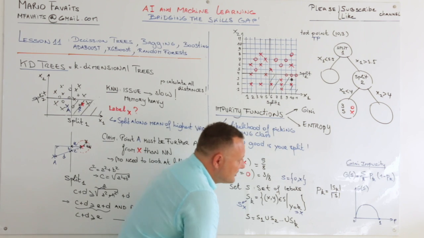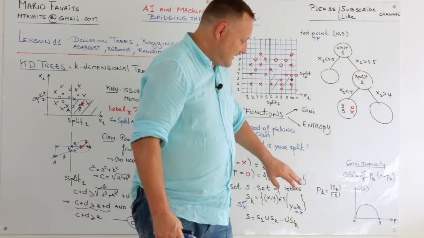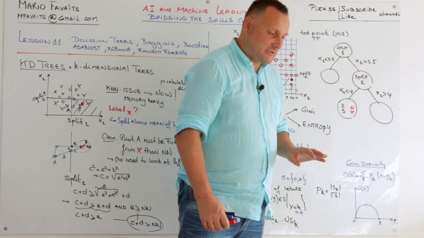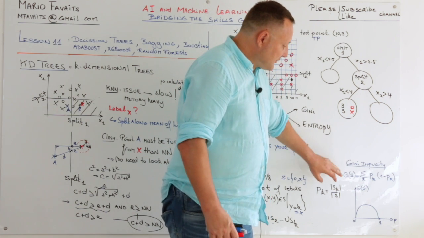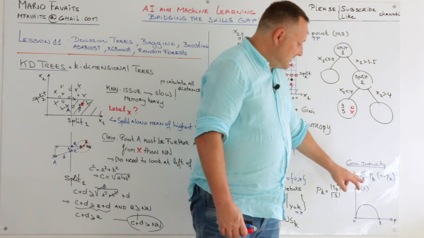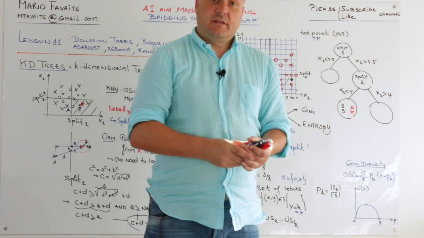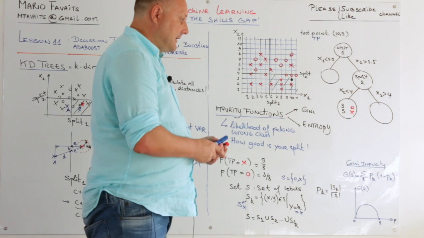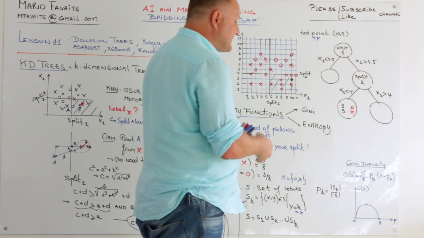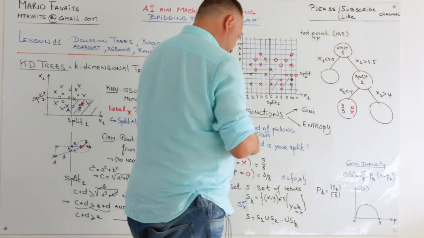So the Gini impurity has nothing to do with the Gini coefficient. The Gini impurity is defined as the sum over all classes of the chance you pick class k times the chance that you pick the other class. In our case, we only have 2 classes, so it's relatively easy to calculate.